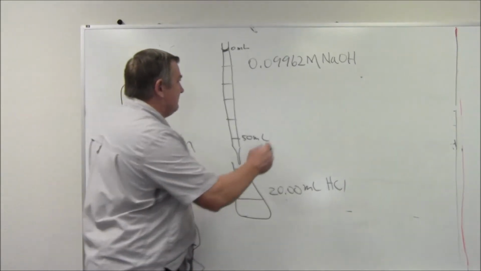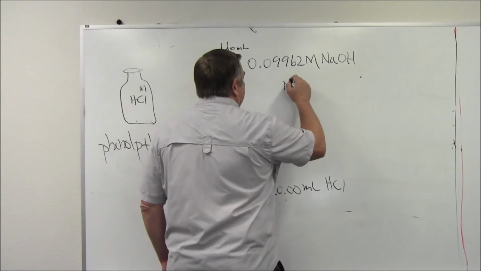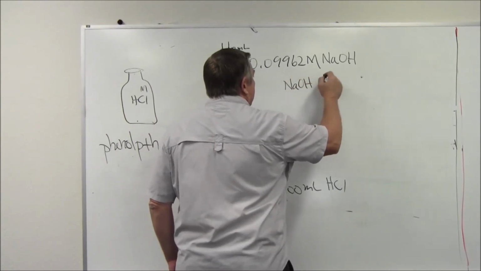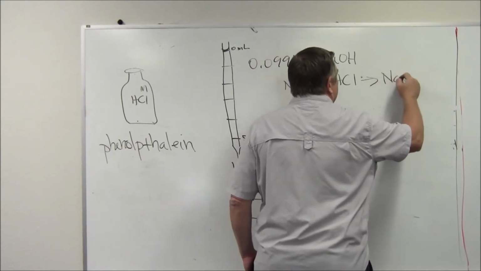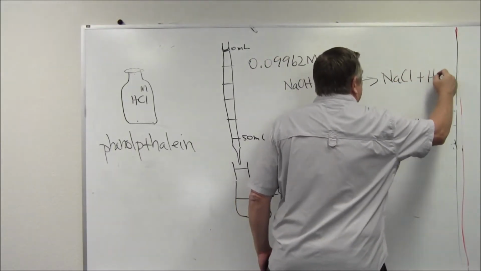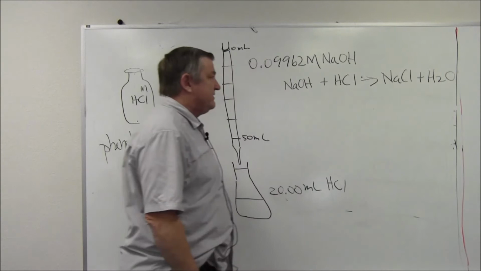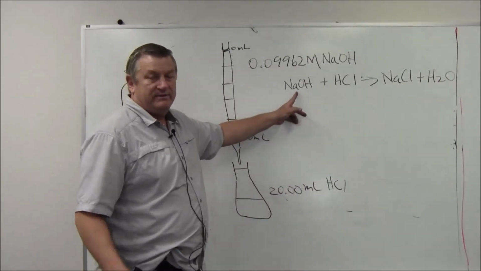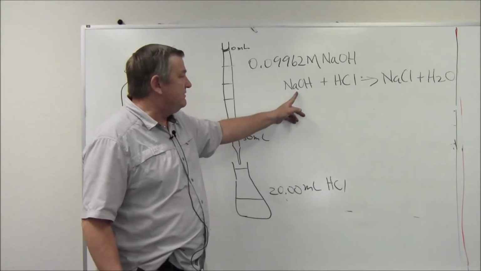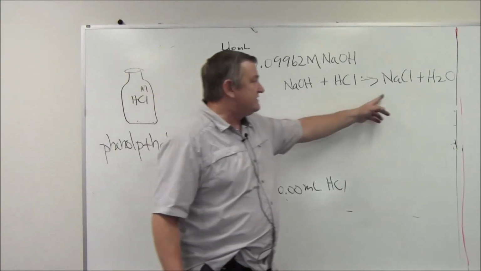And here's our equation. We've got NaOH plus HCl goes to NaCl plus water. So this is our titration equation here. We're going to force our unknown acid to react and do a metathesis neutralization reaction with known sodium hydroxide to give us salt and water.